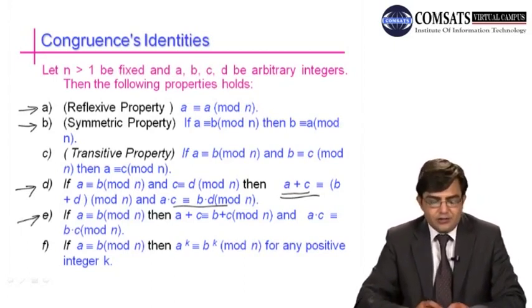The next property E is: if we have A congruent to B mod n, then A plus C is always congruent to B plus C mod n, and A times C is congruent to B times C mod n.